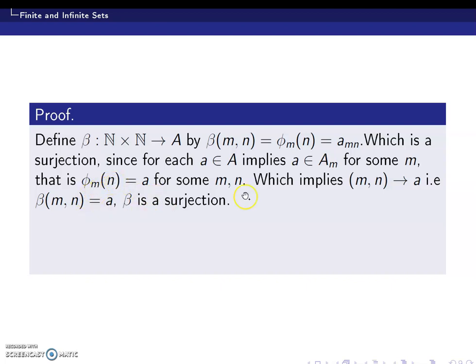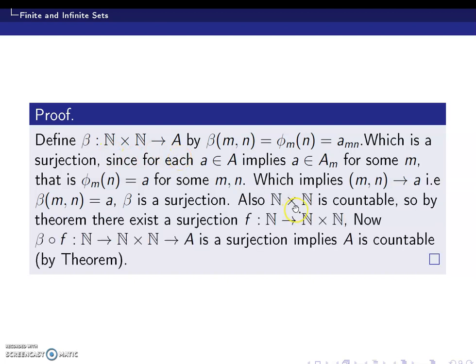So we got two natural numbers m, n, which implies the ordered pair (m, n) corresponds to a. So we took an arbitrary element in capital A and we found two natural numbers m, n such that beta of (m, n) is a, which by definition means that beta is a surjection. So we have defined a surjection from N cross N to A.